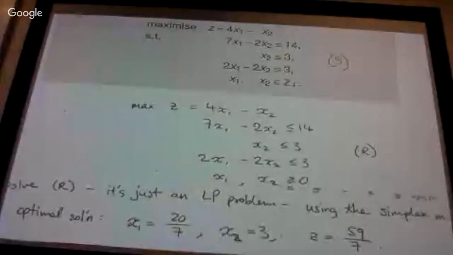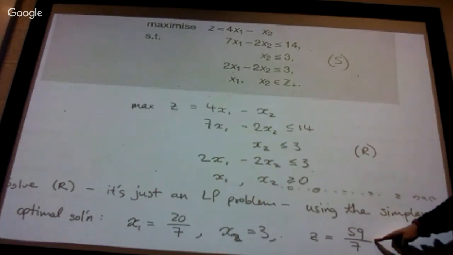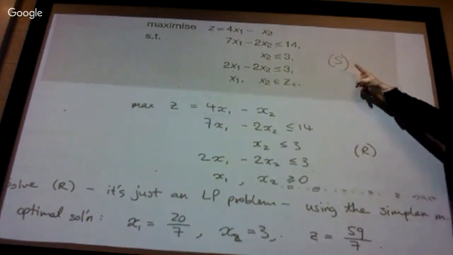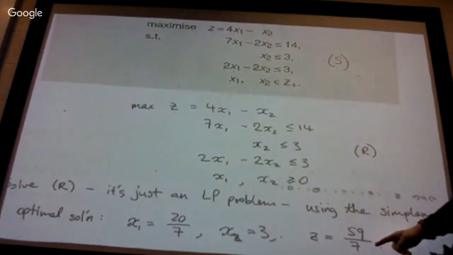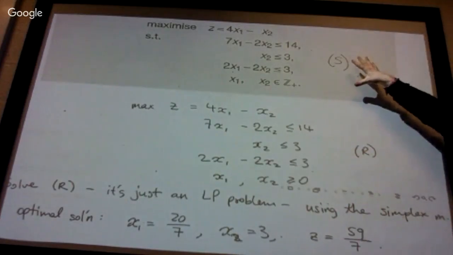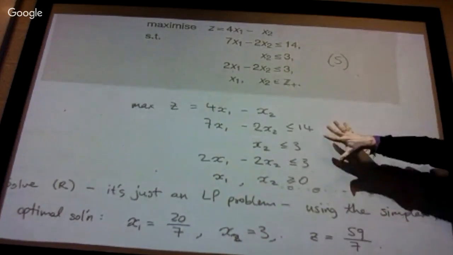But there's something about the objective in the optimal solution that we know: it definitely cannot be better than this. Because if you found numbers that satisfy that, and the objective is more than 59/7, then those values of x1 and x2 would also satisfy these constraints, right?